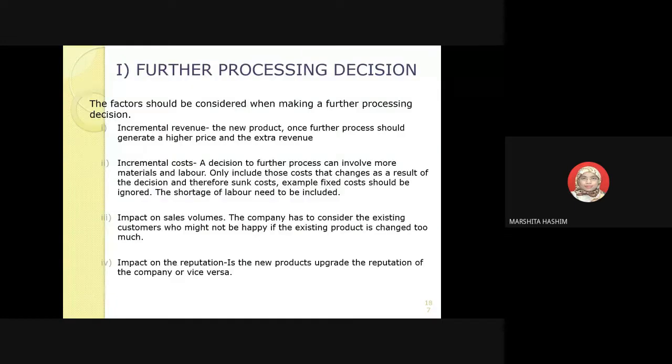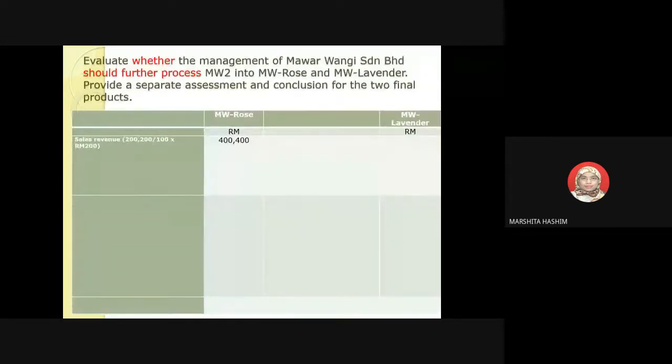Alright, now take out a piece of paper. You draw this format. Okay, take out a piece of paper. You draw this format. You can prepare separately. That means if you prepare separately, this one for MW Rose, another one for MW Lavender. You prepare 2 different table. Also can, or you can just combine, okay, both product into one table. It's up to you.